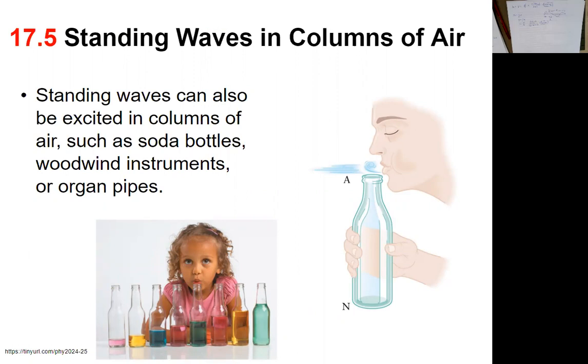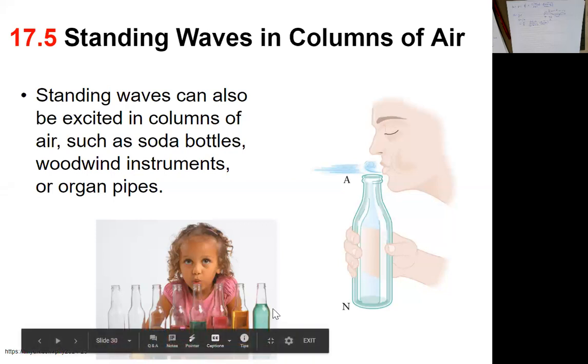So that's the scenario when you have standing waves in a string. Now, similarly, you could have standing waves in air columns. This is actually chapter 17.5. If you have the same bottles filled with different levels of water, then the air columns created have different lengths.